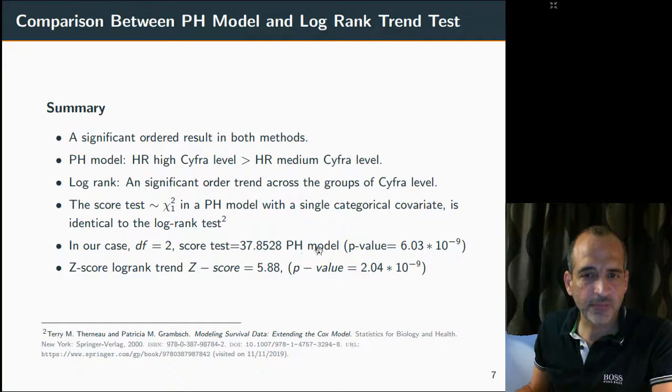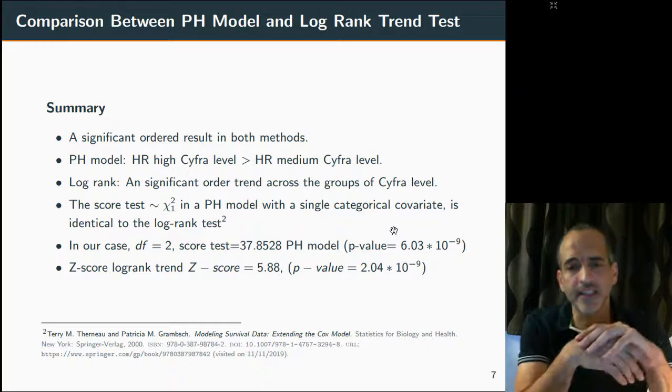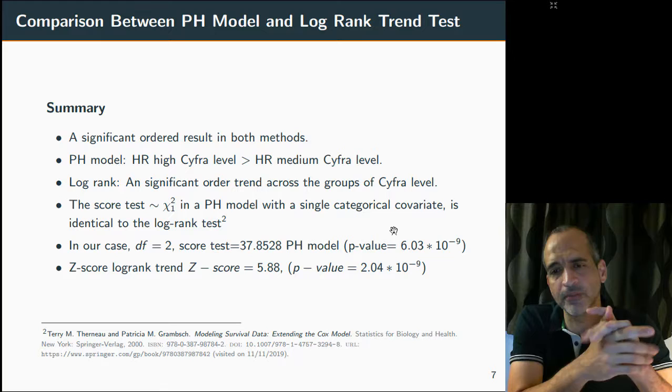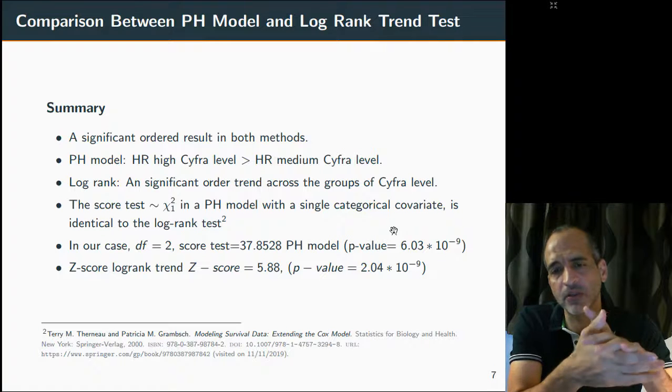The score test for the proportional hazard model has a very high value and a very low p-value, and for the log-rank trend we also have a not so high value, but the magnitude of the p-value is still on the same level. So we can see that indeed we don't have 1 degree of freedom, but we have a very similar result and a very similar conclusion.